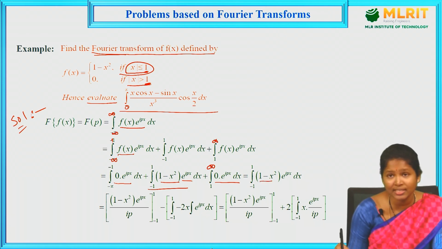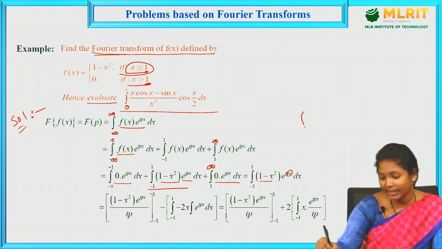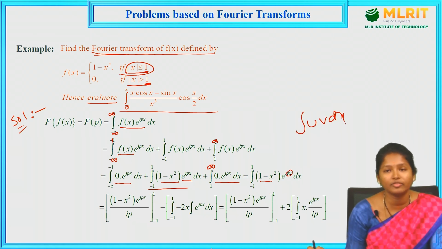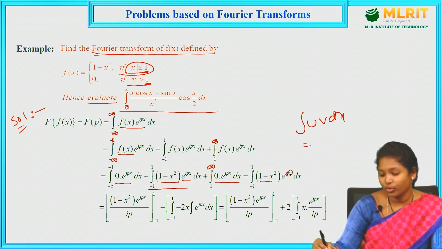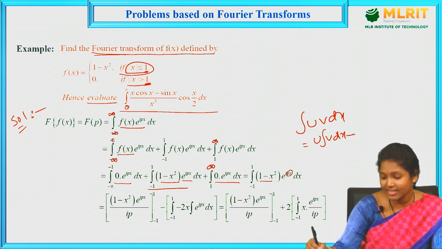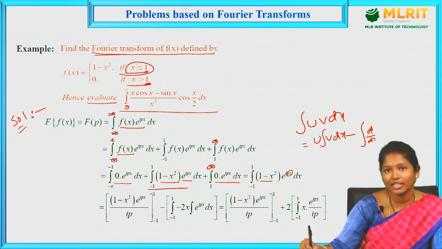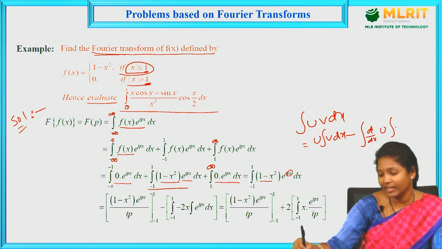This is an x term, this is also an x term. So we will apply integration of uv dx. What is the formula for integration by parts? u into integral of v dx, minus integral of d by dx of u times integral of v dx, whole dx.